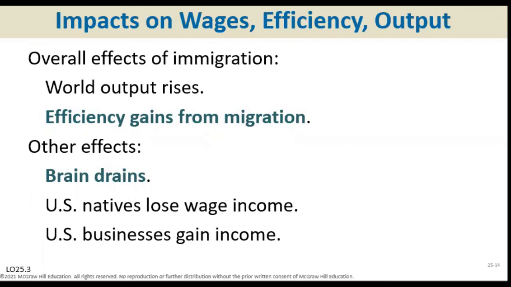As labor moves freely from one place to another, there is a more efficient allocation of labor with a better match between the skill of the labor and the productivity requirement. As a result of a more efficient allocation of labor, world output rises and the global economy will gain.